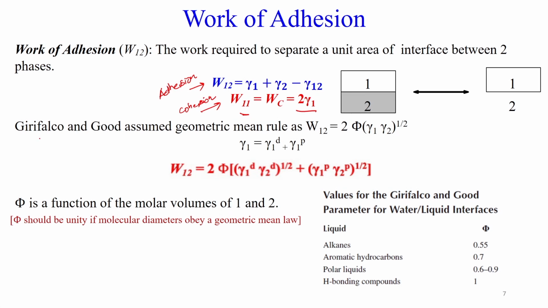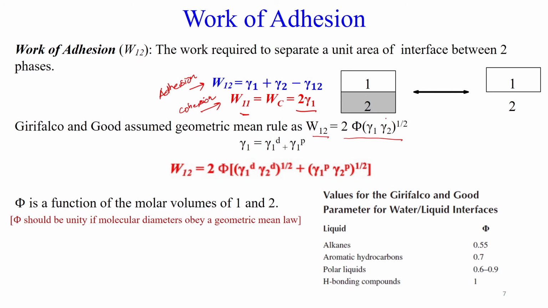So, here Girifalco and Good assumed the geometrical mean rule for the work of adhesion: twice the surface energy of 1 into surface energy of 2 to the power 0.5, and also they added one constant. Now, as you know, the surface energy of a liquid or a solid has two components, polar as well as the dispersive component.